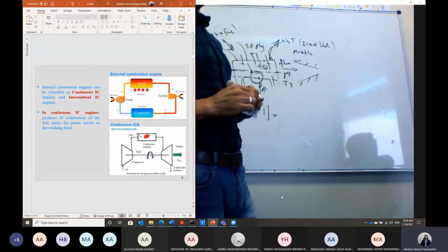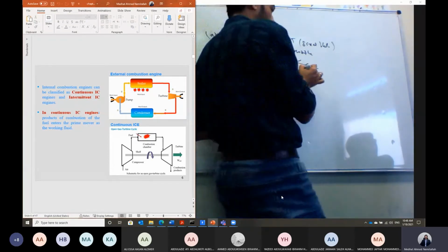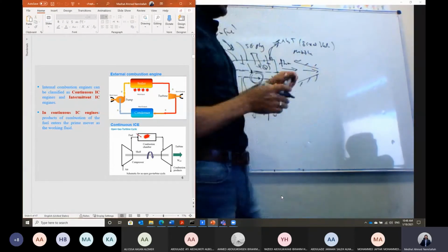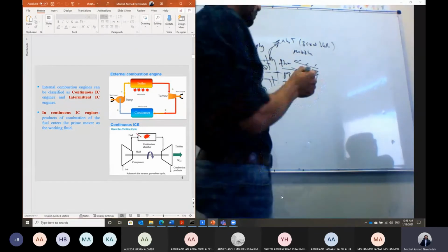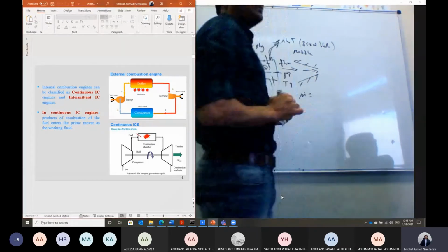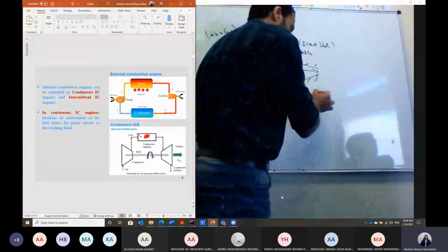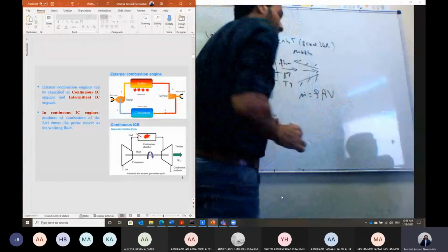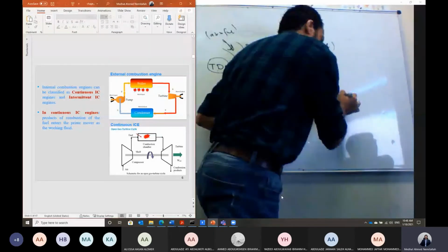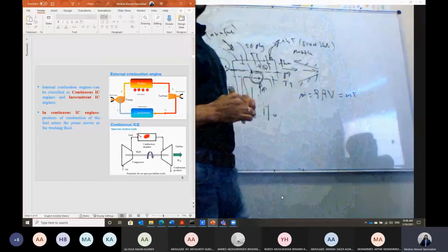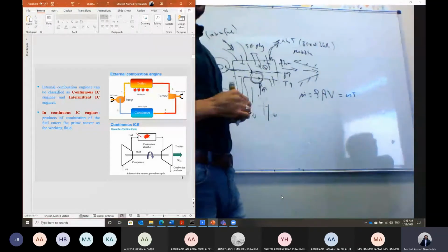This fixed blade, Shabab, is just fixed, so the flow will be forced to go inside this nozzle. As you can see, the area is contracted in the flow direction. Usually the flow through the turbine is a steady flow. So the mass flow rate is the density multiplied by the area multiplied by the flow velocity. At steady flow conditions, this mass flow rate is constant with time. It is not variable.